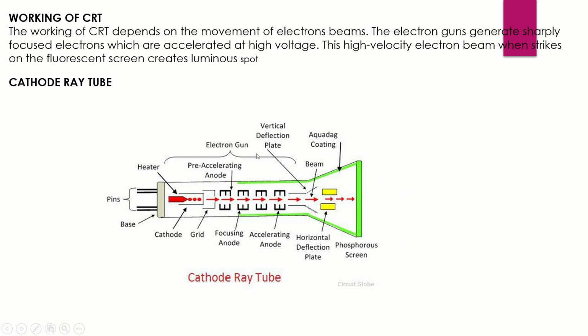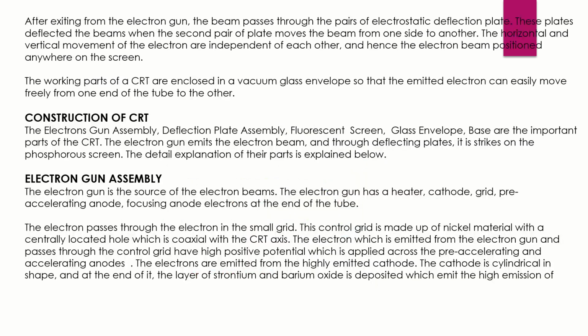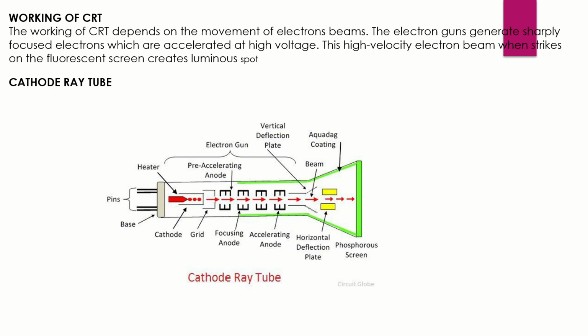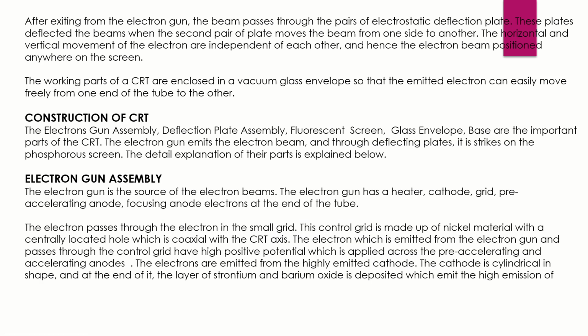Here is a cathode ray tube. The parts of the cathode ray tube will be explained in the next part. As I said, the beam has a higher voltage and it moves in the focusing anode. After exiting from the electron gun, the beam passes through a pair of electrostatic deflection plates.